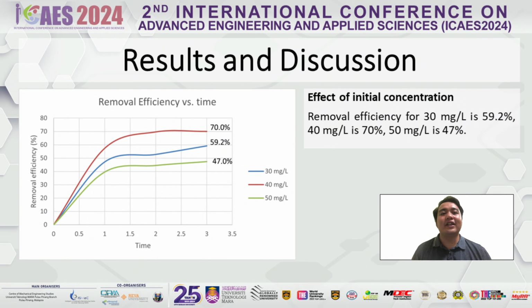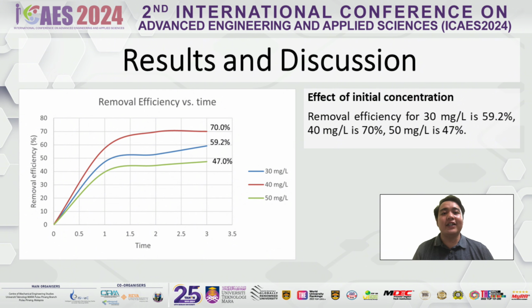This increase in initial concentration also boosts the interaction between hydroxyl radical and the dye, leading to a greater degradation of the dye. However, if hydroxyl radical becomes saturated, additional dye molecules will not be degraded, and the efficiency per unit of dye will decrease.